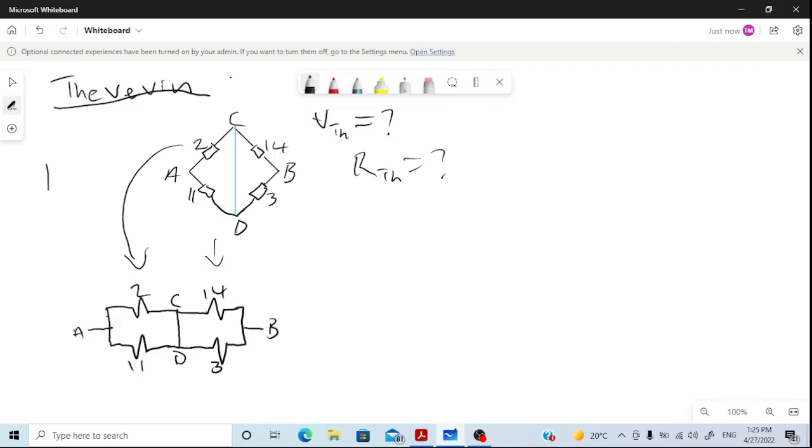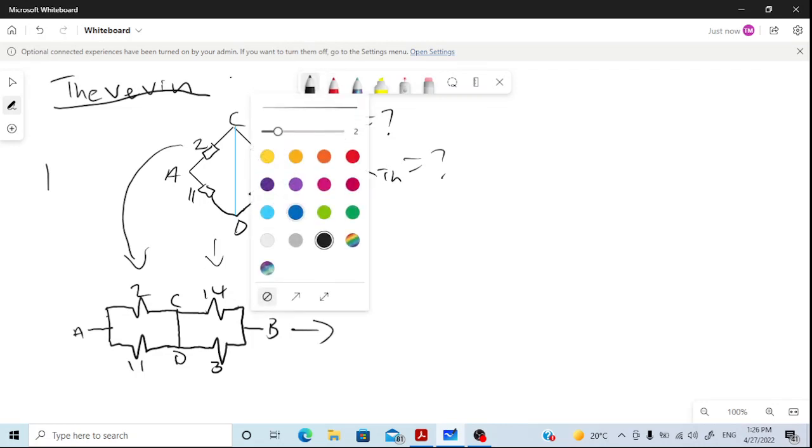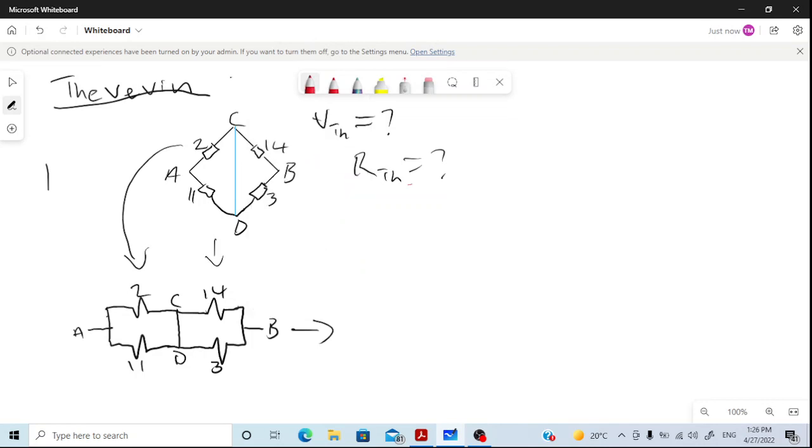So let me simplify this circuit so that you can understand further what I mean by that. This circuit is equivalent to this. I'm going to have my 2 ohm, and my point A and 11 ohm.